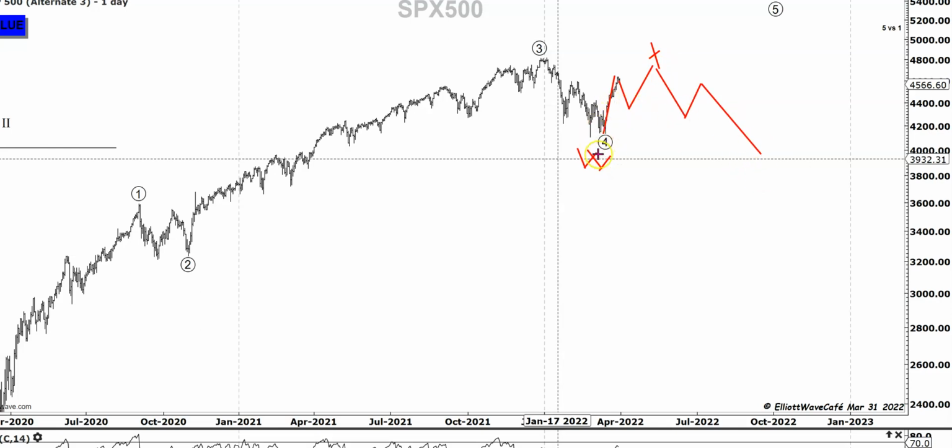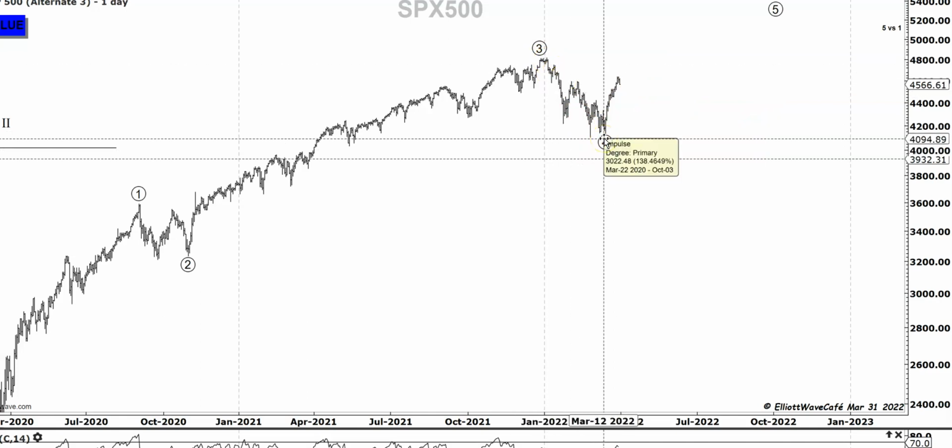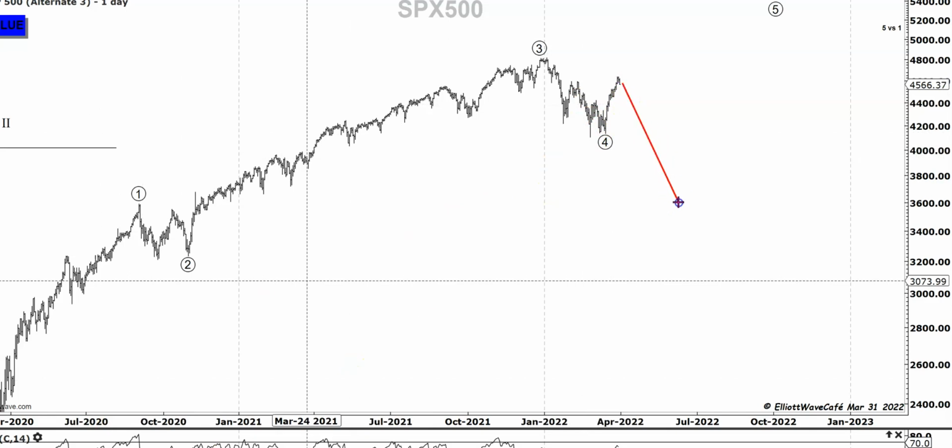Wave 4 can take any shape it really wants. They could be zigzags, flats, triangles, or combinations. So there are a lot of ways this could unfold, and we've just gotten the first decline. What's encouraging is that this decline looks corrective and not impulsive, so it doesn't necessarily mean you have to break to the downside.